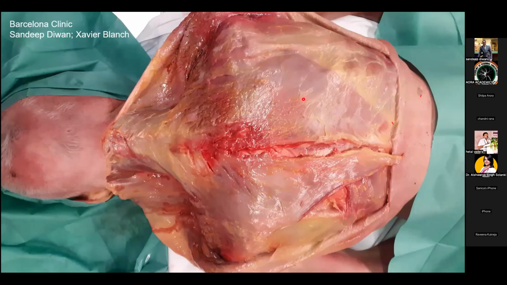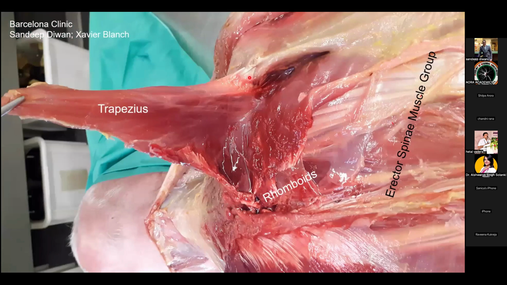Now we look into the next slide where we lift the trapezius from the back to expose the rhomboids, and this is probably the serratus posterior, and we have the serratus anterior and the serratus posterior. And these, what you see, are the erector spinae muscles, which extend from the midline. You have the medial one, which is the thoracic spinalis, the longissimus, and the iliocostalis.